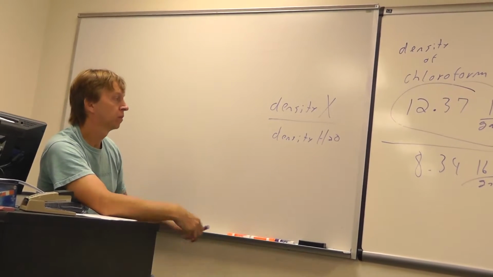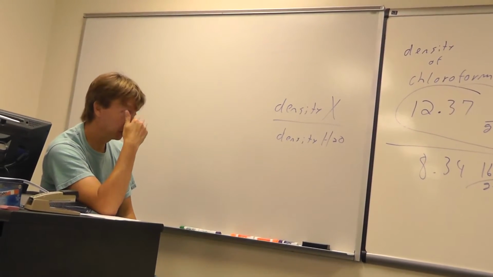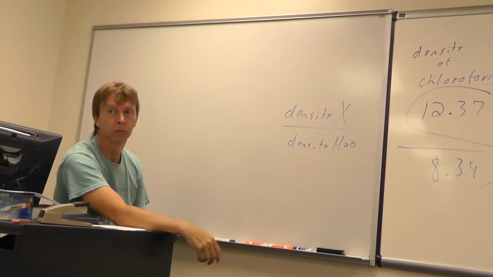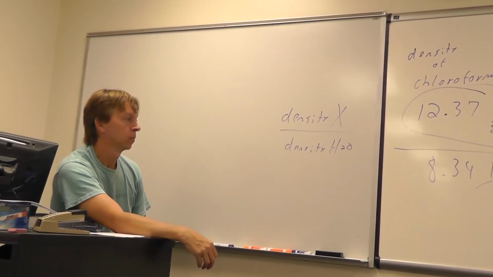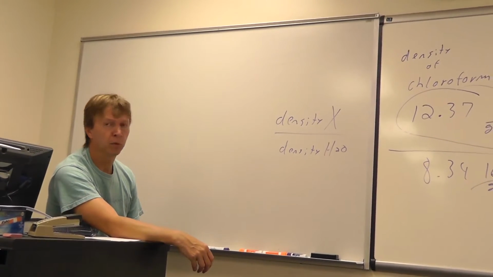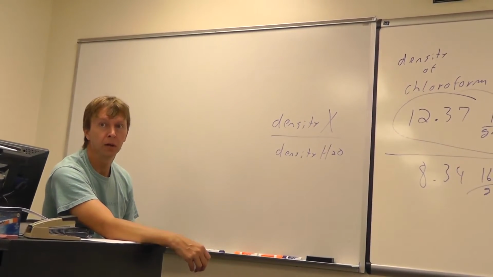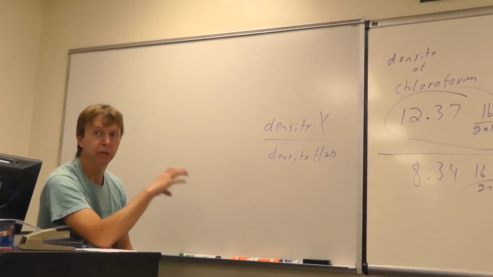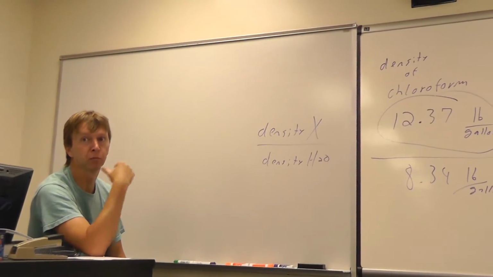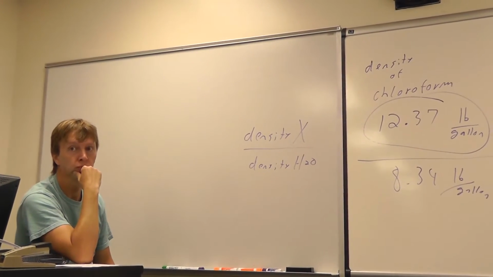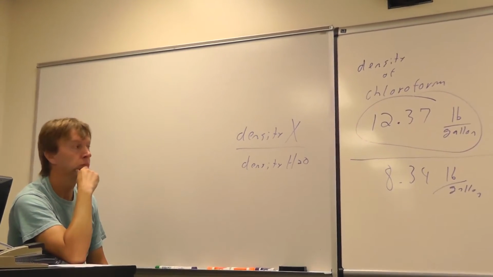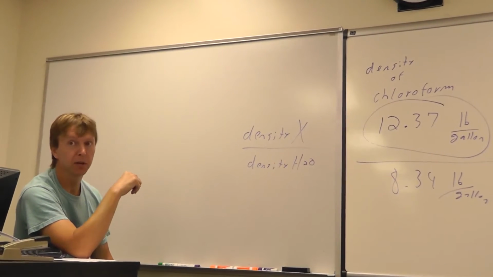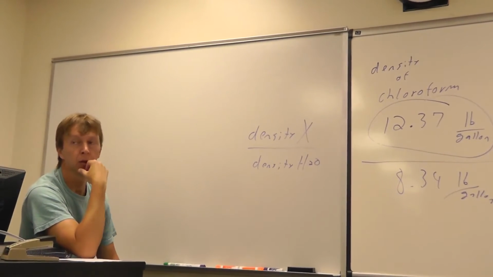The Handbook of Chemistry and Physics gives you a whole page of them, density of water in like 50 different units, whether it's kilograms per cubic meter and whatnot. So it's very convenient to reference water because water is such a well characterized reference point. So water is the reference point as a matter of convenience, if that's what you're asking. Okay.